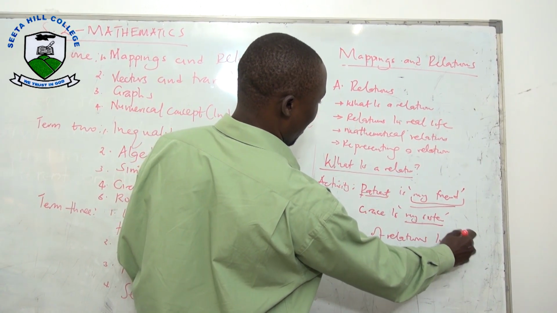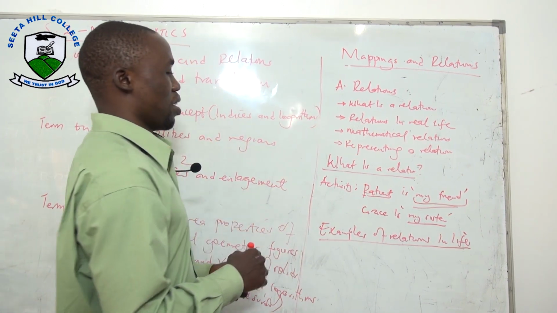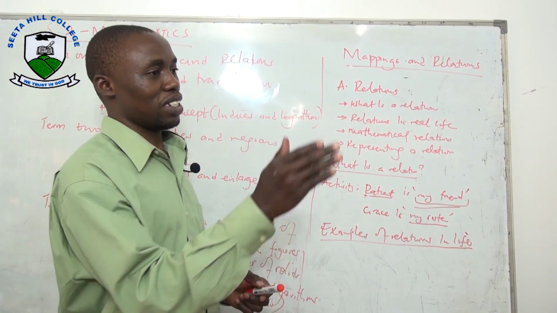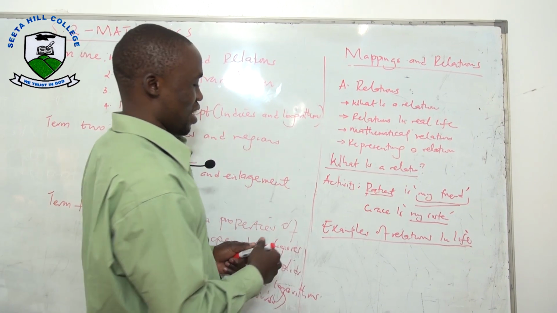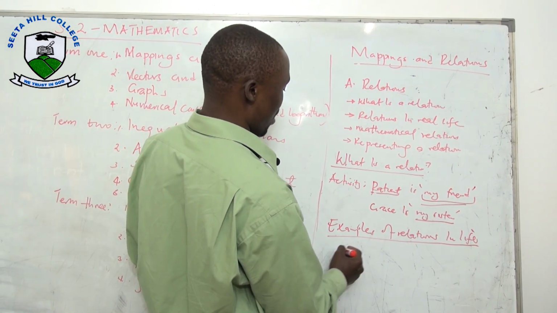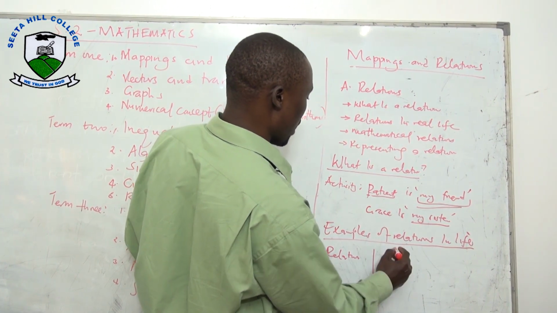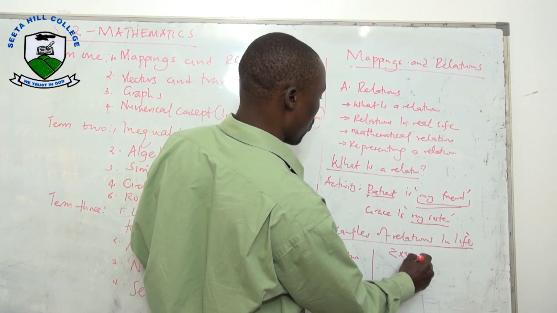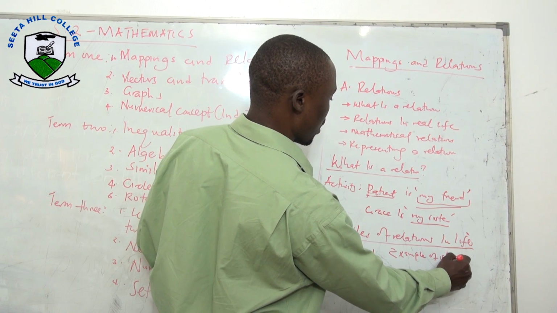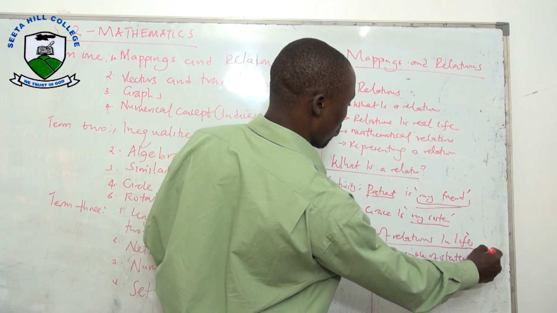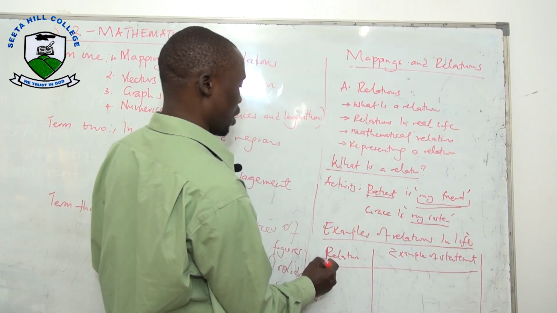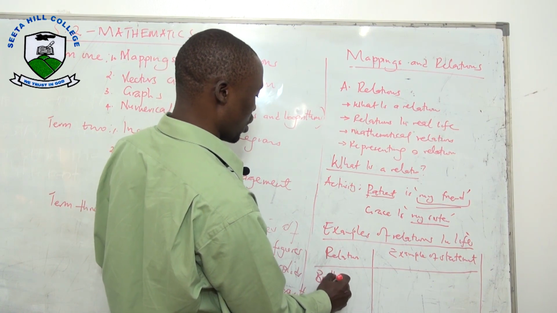Yes, let me have people. Give me some. Yes. A brother. The relation is. Okay. You give us an example of a statement. You mentioned the relation and the statement. You have said brother. How do you mention that?